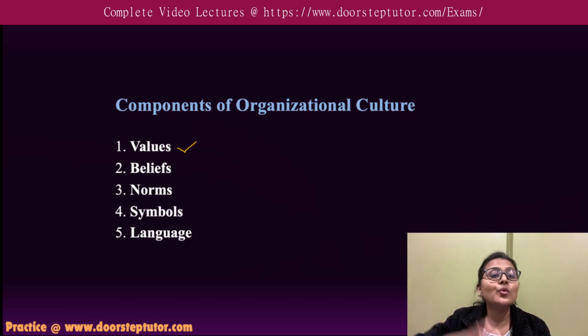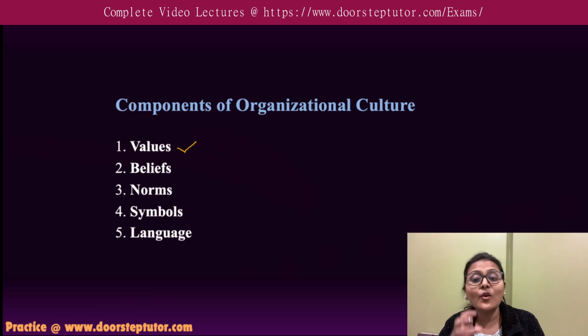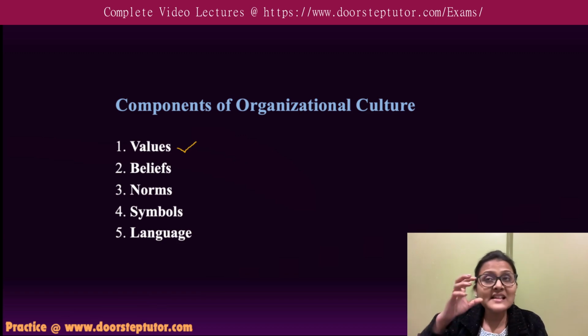So it is the core belief, the faith of a particular organization. These beliefs are often unspoken and subconscious. They do not have to be thought of and then acted upon. They are subconscious and instilled in the minds of the employees.